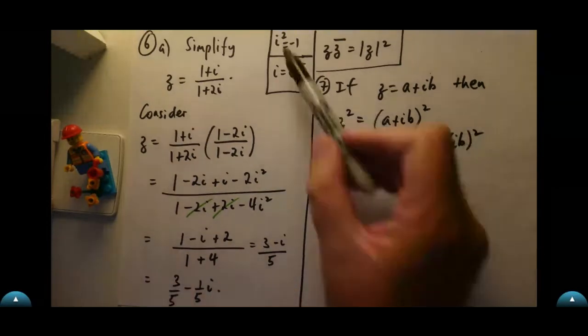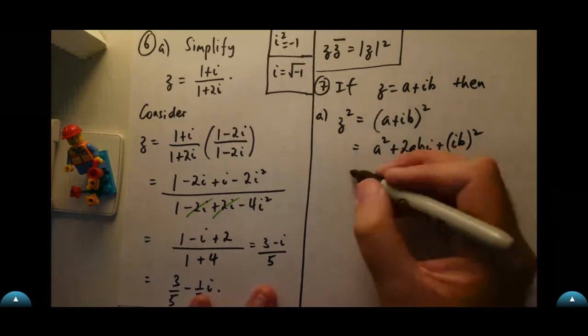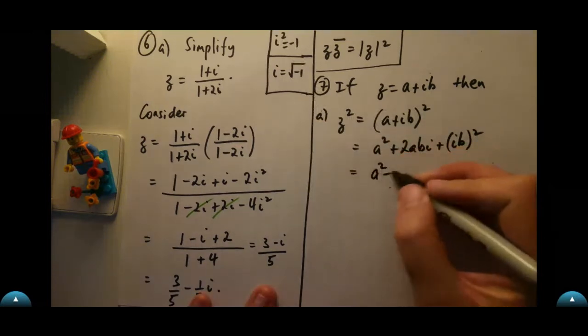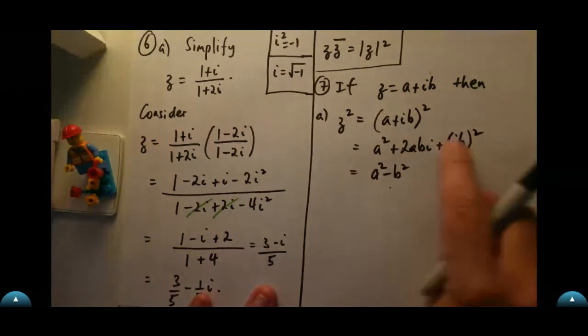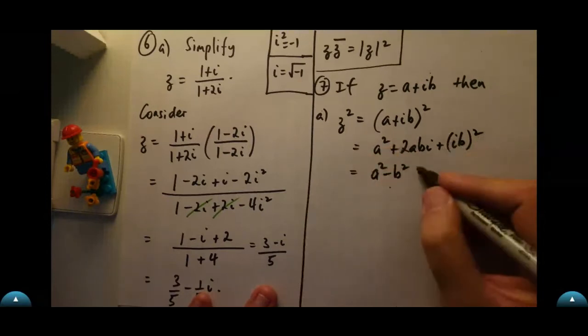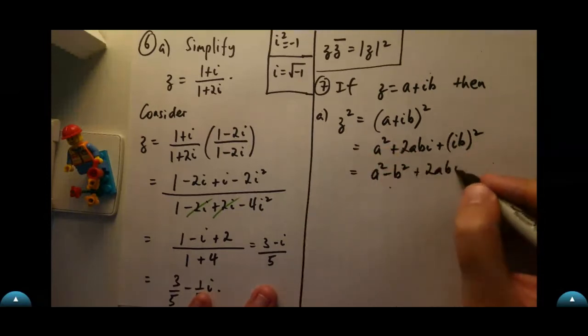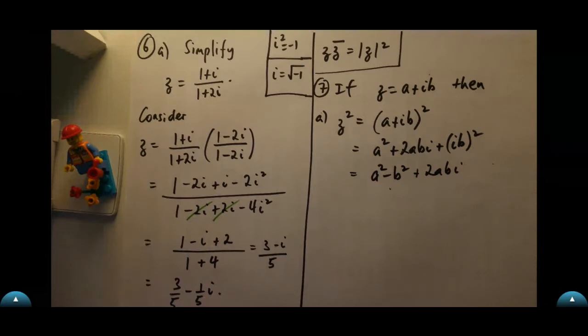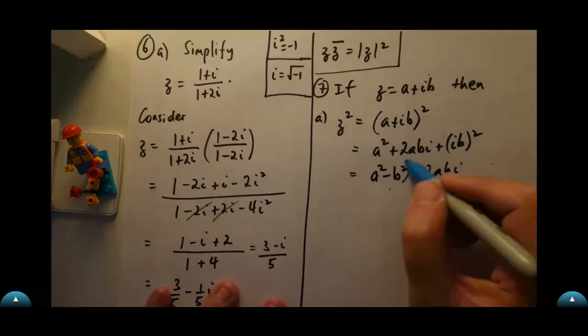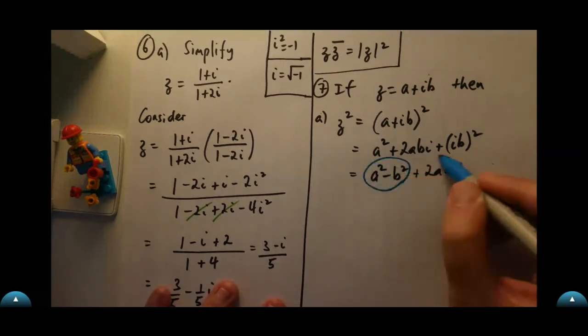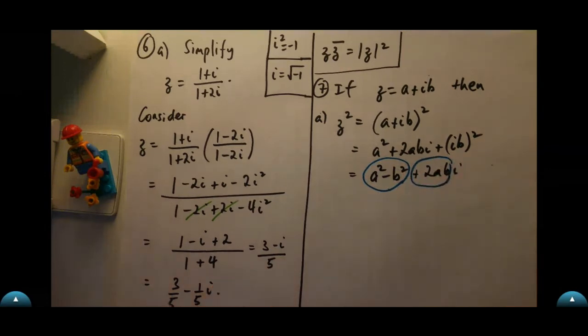This part's going to be real because i squared equals -1, so I'll move that bit over here. This is going to be the real part, and this is going to be the imaginary part. Pretty easy, right?